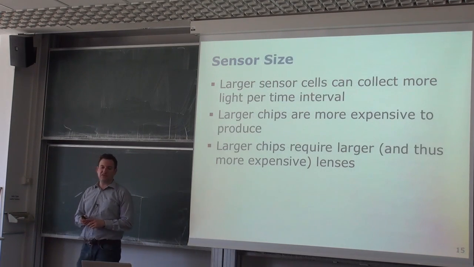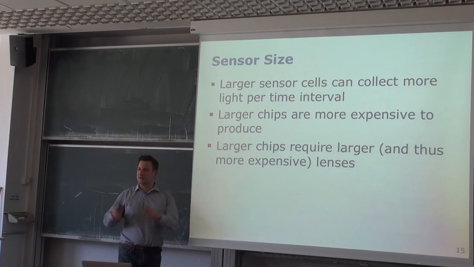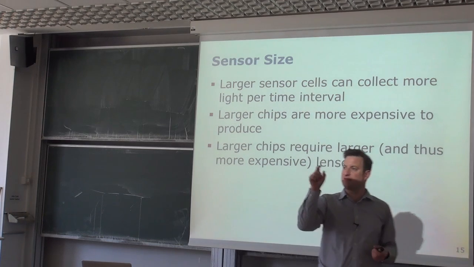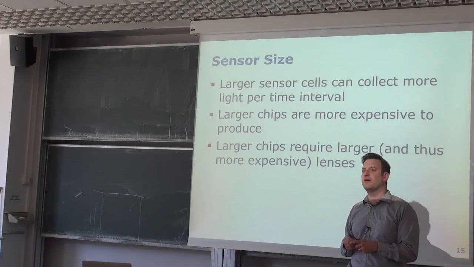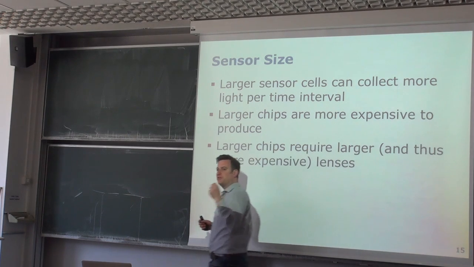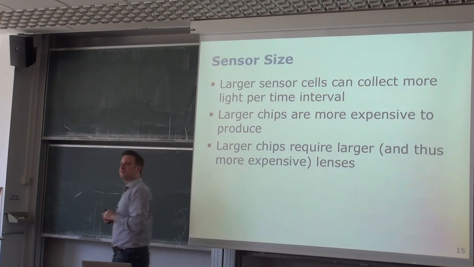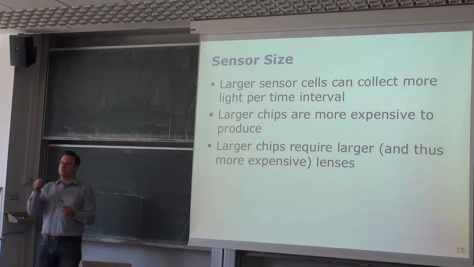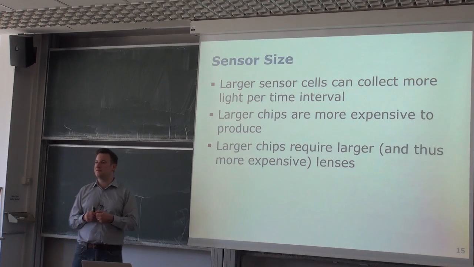Also, the sensor size is important. The larger the sensor is, and especially the larger the individual pixels are, the more photons will actually reach this pixel, because it simply depends on the size of this element. So the smaller it is, the smaller the number of photons that will reach the individual cells in a constant time interval, given that we don't change the illumination.